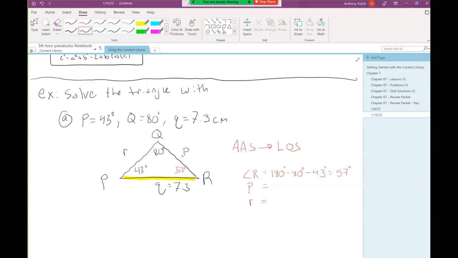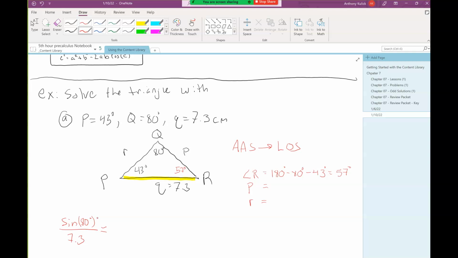I know Q. Great. So I'm going to start by writing sine Q over Q is equal to. Now, does it matter which one I solve for next? No, not really.